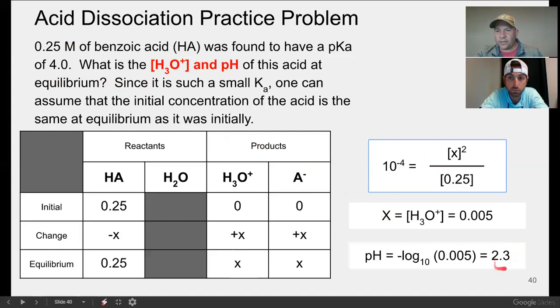So that's still pretty acidic, right? Pretty acidic for sure. And look, this is stronger than acetic acid, right? Yep. And that's similar to your stomach acid. Stomach acid, I think, is like a 2. So that's breaking down all the McDonald's that you eat.